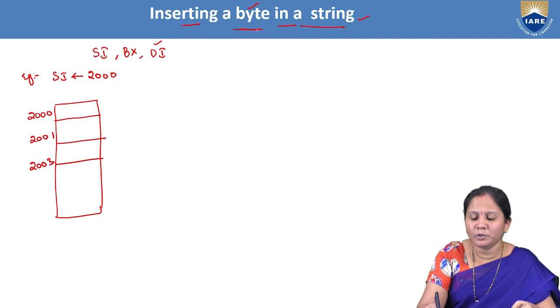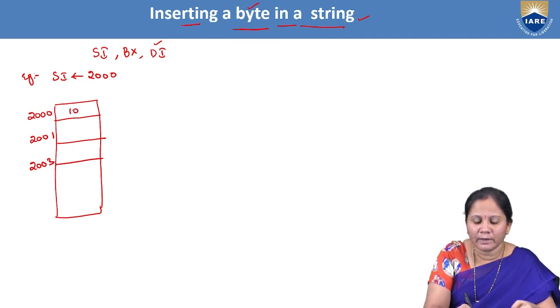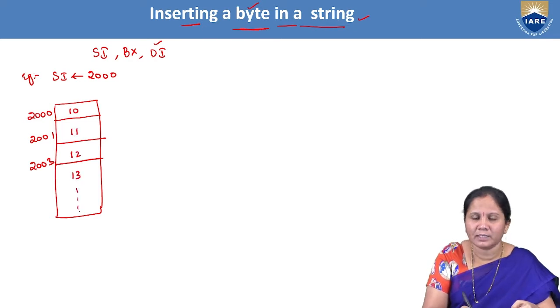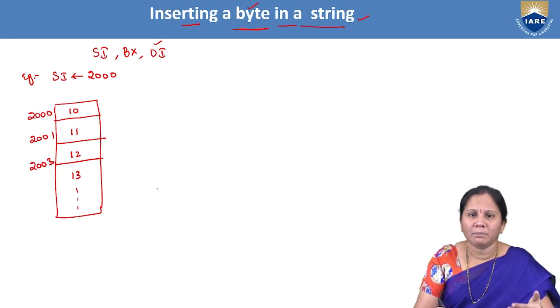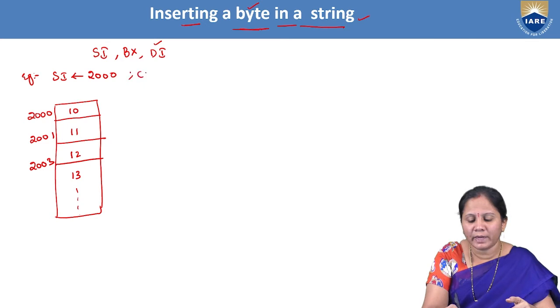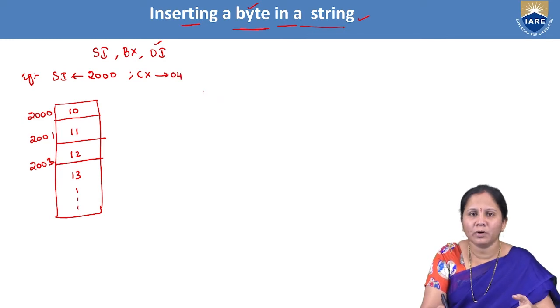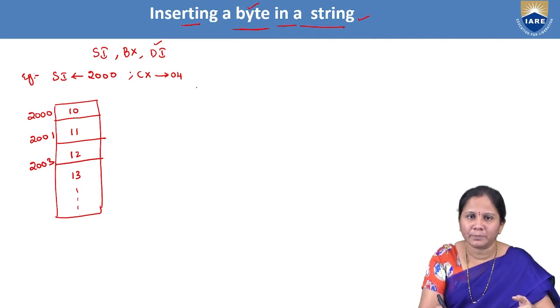The input should be of byte size like 10, 11, 12, 13, like this. How many numbers we are going to take in a string will be considered by taking the CX register. For example, if you take the CX register as 4, it represents there are 4 numbers in a string, 4 inputs are there in a string.